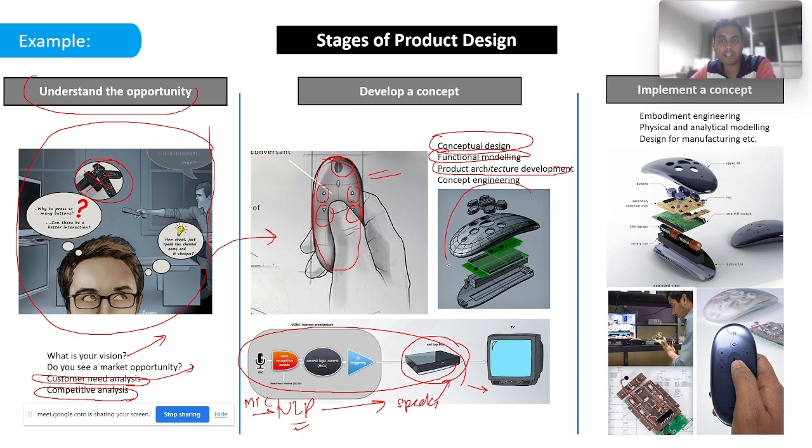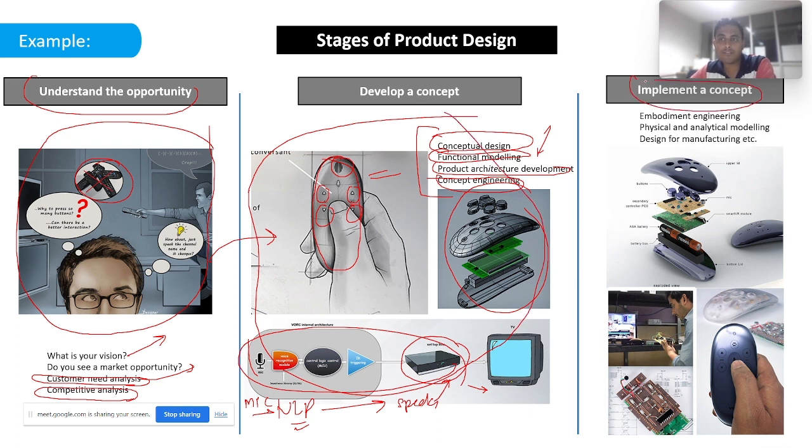So this is the concept engineering phase. These are the different activities you perform in a concept development phase. Of course there are evaluations and all these things there, but I have not shown them here.